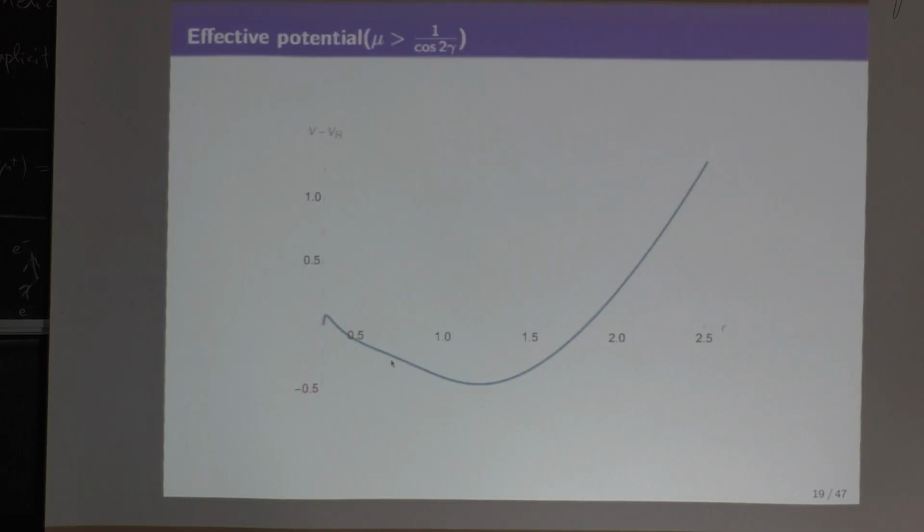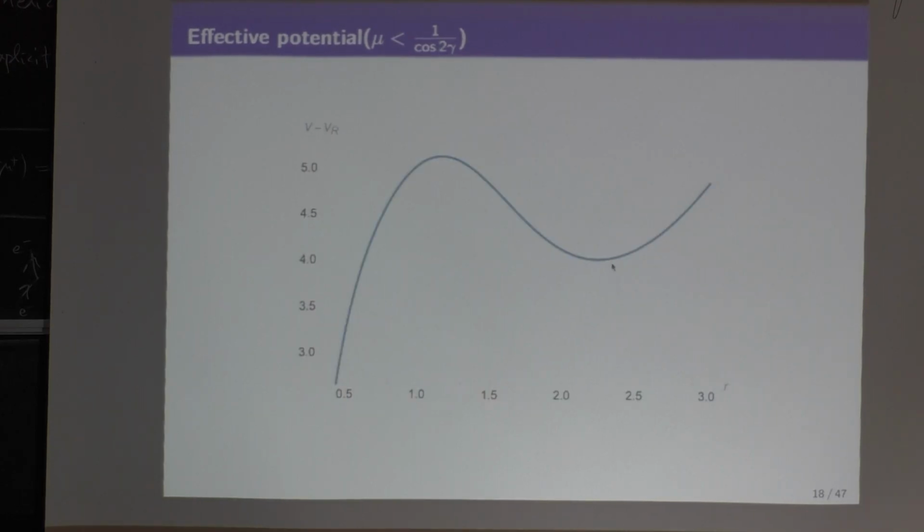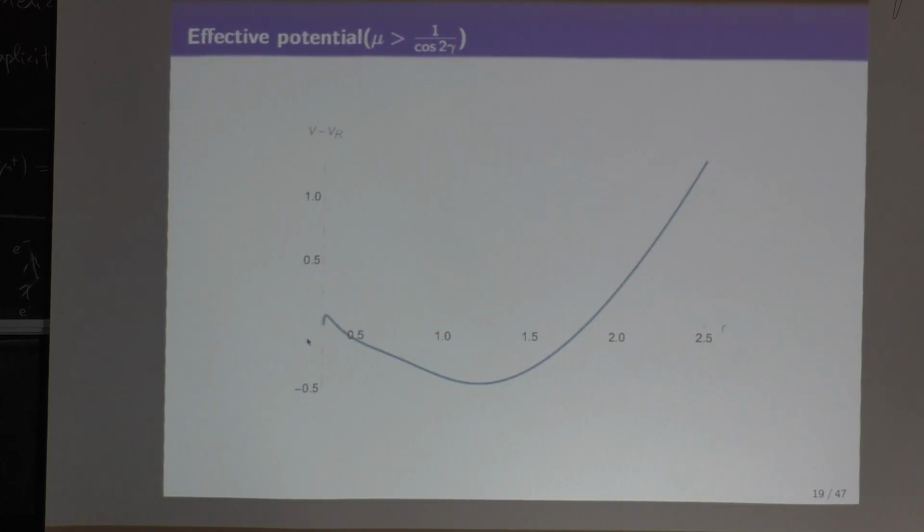So what this is suggesting is that when mu is less than 1 over cos 2 gamma, if I put a D3 brane here, it will like to tunnel inside the black hole. However, if I choose mu greater than 1 over cos 2 gamma, a D3 brane has a tendency to be emitted from the black hole and sit near this horizon, near this minimum.